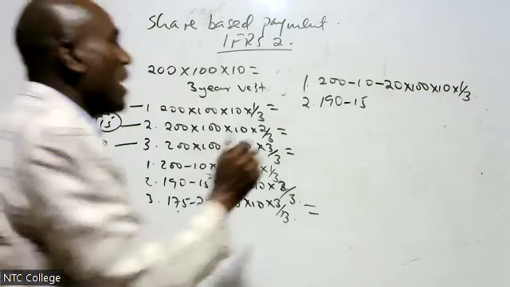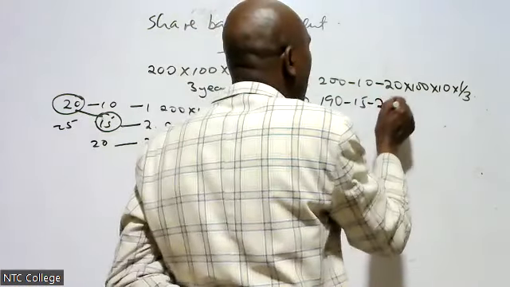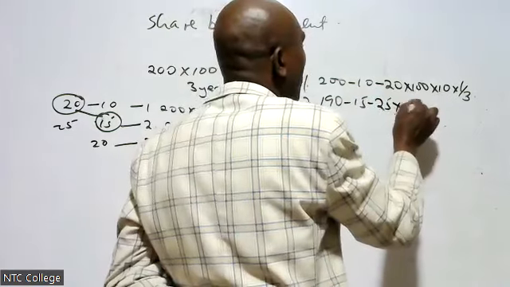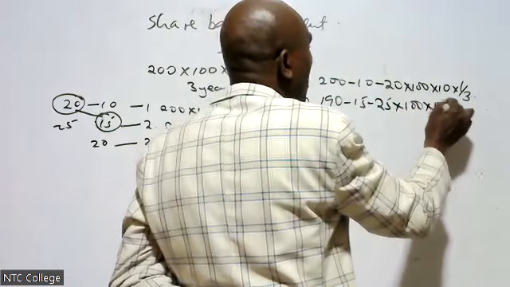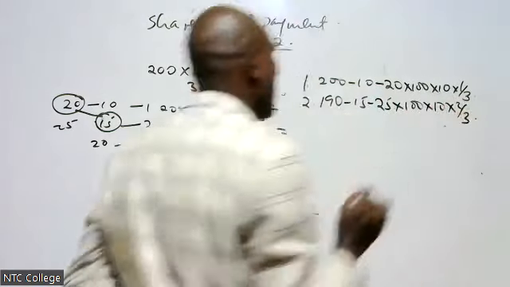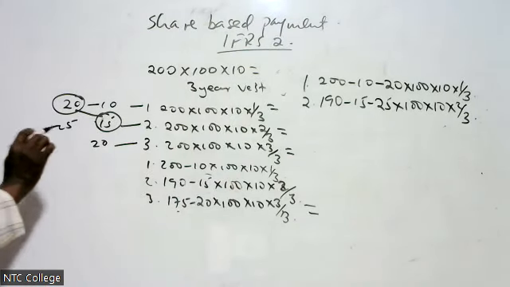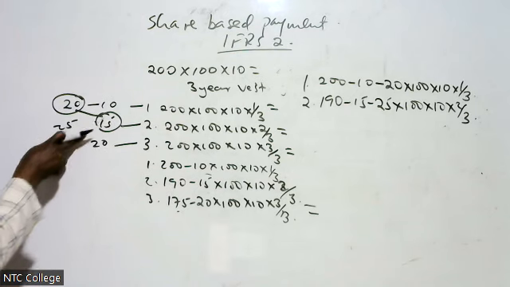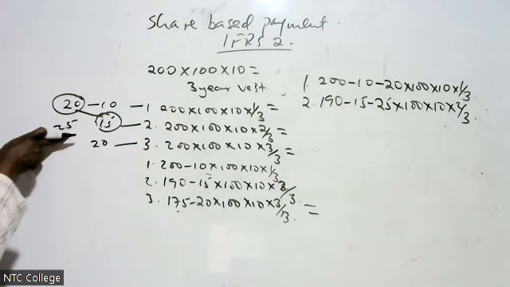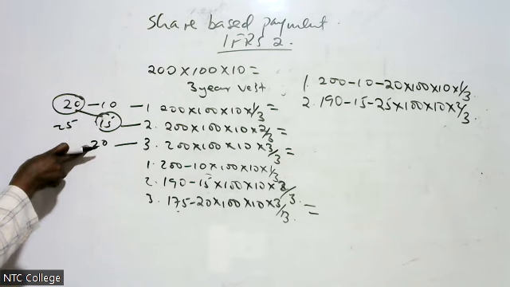25 will leave. Therefore, I subtract the estimate of 25 times 100 times 10 times 2 over 3. I said this is critical. You need to listen very carefully. Then, when I was in year 2, I expected that 25 employees will leave in year 3.